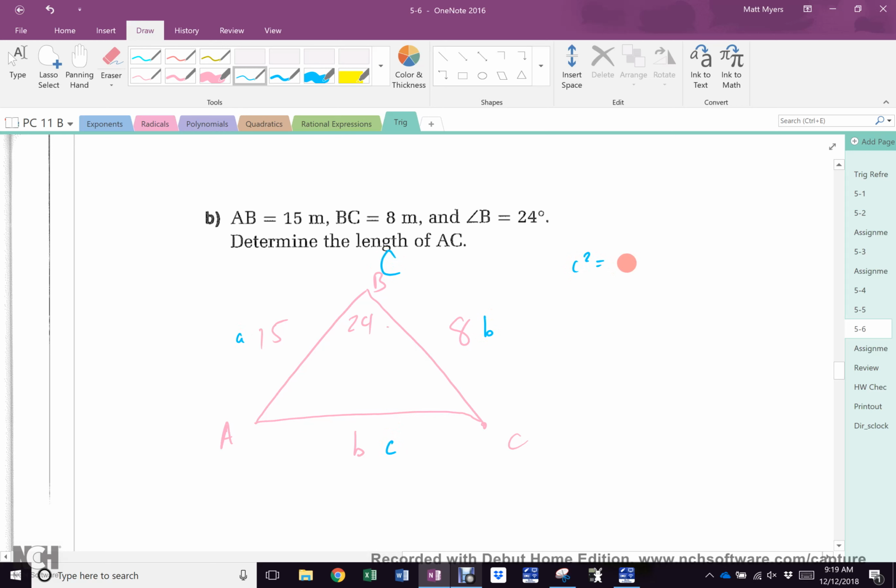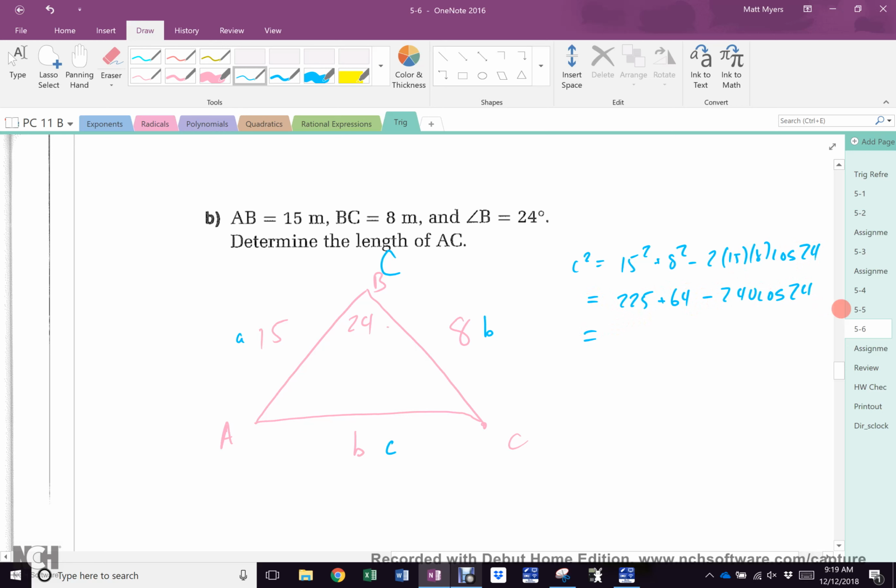C squared equals 15 squared plus 8 squared minus 2 times 15 times 8 times cos 24. And then at the end, you square root the whole thing. 225 plus 64 minus 30 times 8 is 240 cos 24.